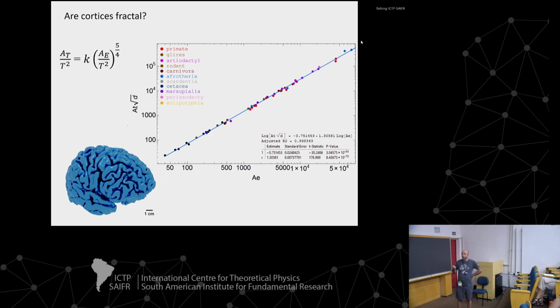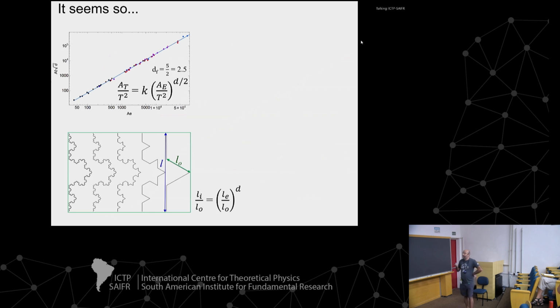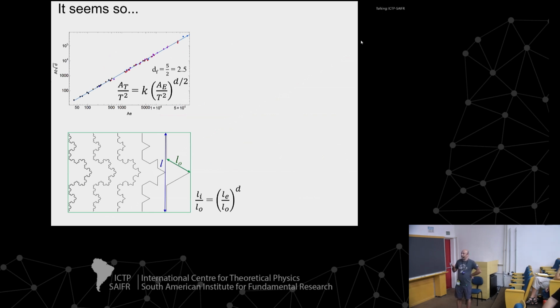So this is just suggestive. But if this relationship is due to fractality, with intrinsic size divided by the size of your ruler, extrinsic divided by the size of the ruler, the fractal dimension to some power, then this exponent must be the fractal dimension divided by 2.